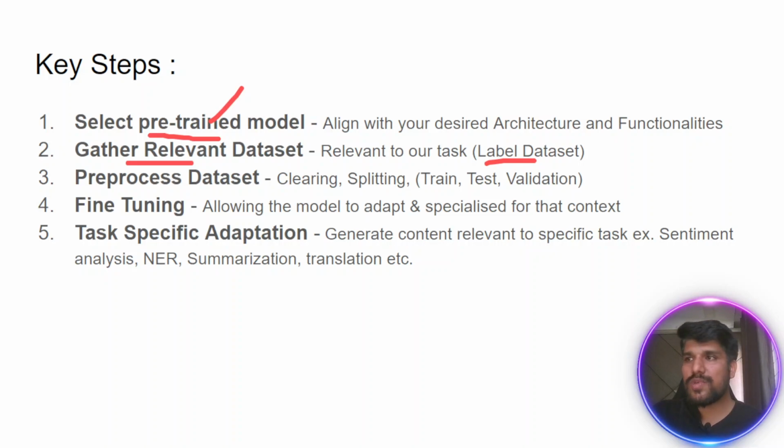The third step is to pre-process the data set. When I say pre-process, it is not that we take the data and feed it directly. We have to do some cleaning and some splitting, so we divide the data into train, test and validation.